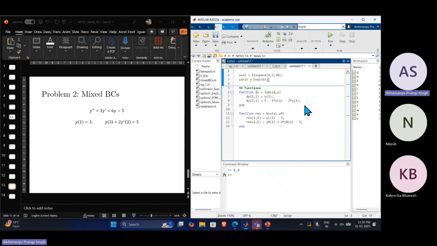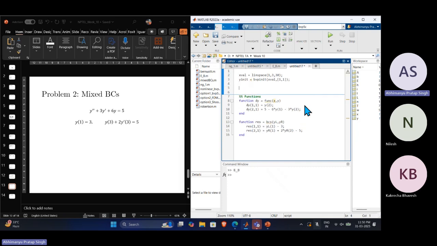First input is the mesh, so that is our xval, and the next one is the initial condition. I will give it 1 comma 1. Yeah, we have all the things. Let us solve using bvp5c this time.